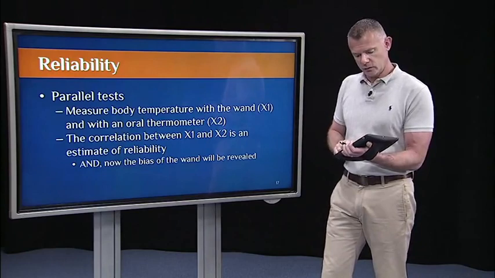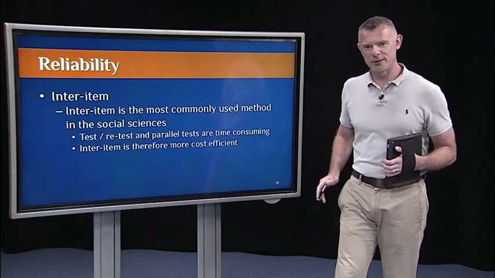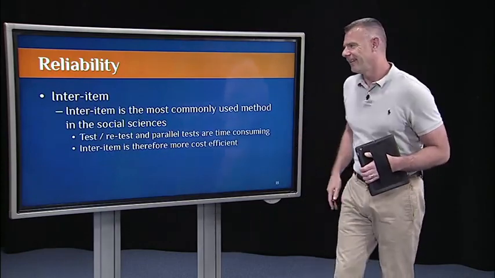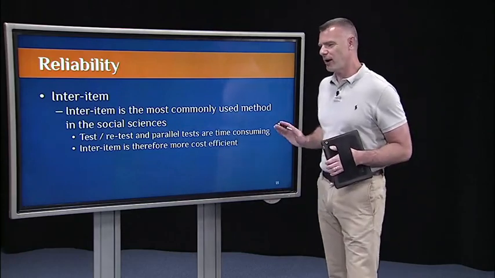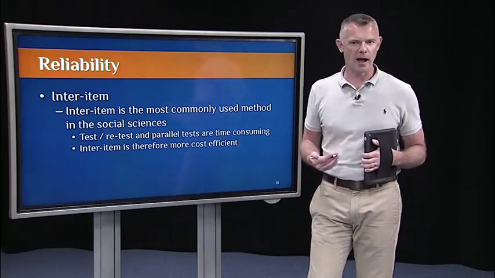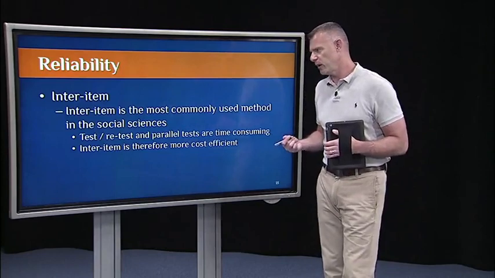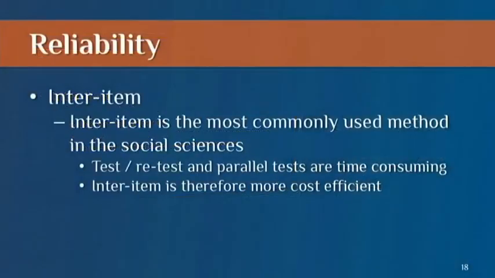Now I'm going to finally drop this body temperature example for the third method and talk about inter-item estimates. These are actually the most common in the social sciences, because test-retest and parallel tests are actually hard to do.